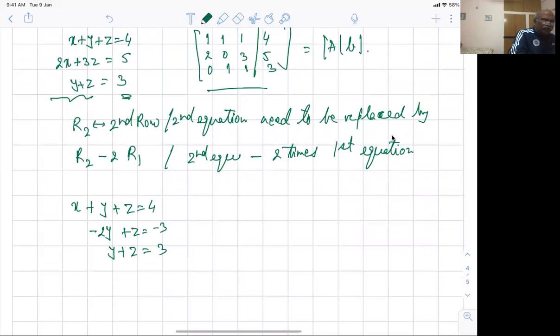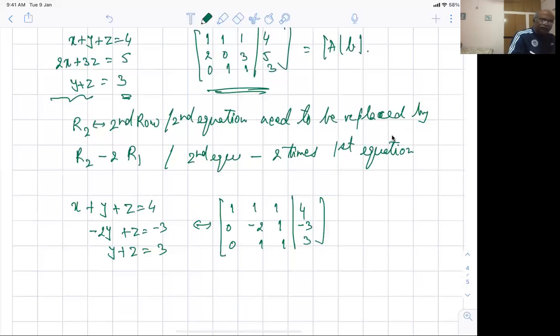Similarly, if you look at the rows here, the corresponding entries will remain the same. So 1, 1, 1, 4 will come. x is 0 here, so you'll have 0 here, minus 2 here, 1 here, minus 3, then 0, 1, 1, 3. This is what you'll get. So I would like you to see that second row, R2.